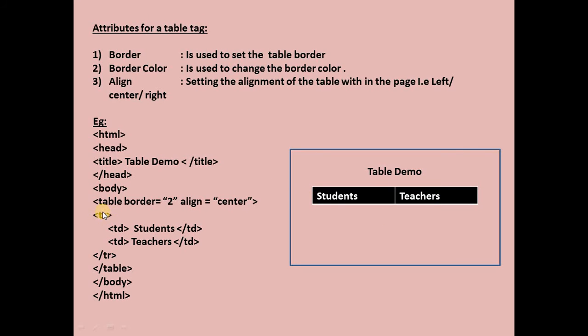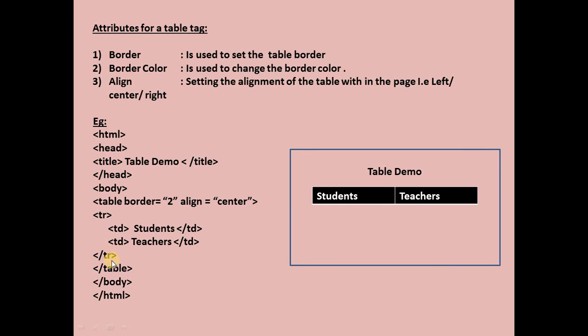And the next, TR. I said TR is for a row tag. So the row started, and TD is a data tag where we need to enter the data. So here students is the data. We are closing the TD tag, and then one more TD in the same row. See, I have started a row, and in that I have entered two data: students and teachers.